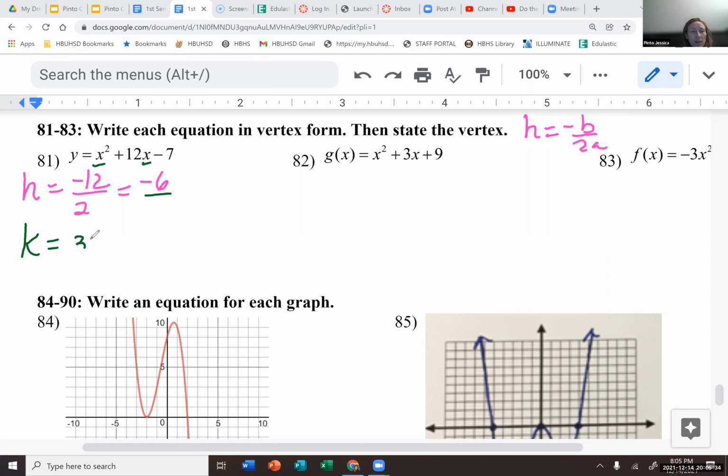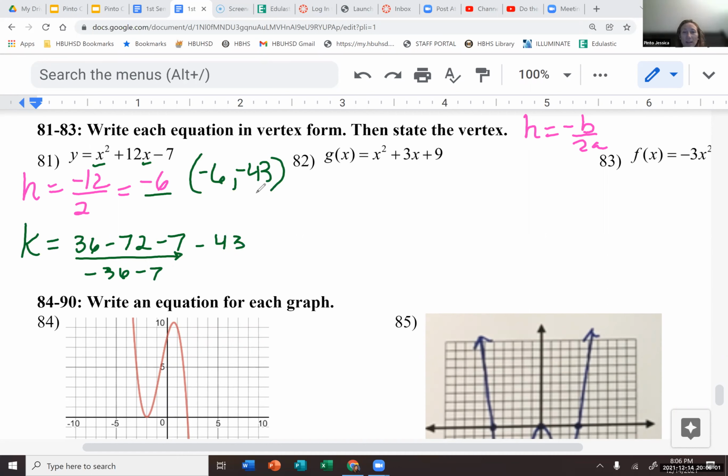So that's going to be 36. 12 times 6 is 72, so minus 72 minus 7. So adding across, I've got negative 36 minus 7, which is negative 43. So the vertex this time is negative 6, comma, negative 43. We won't be graphing that.